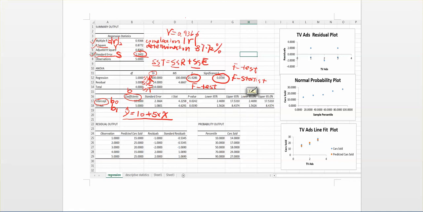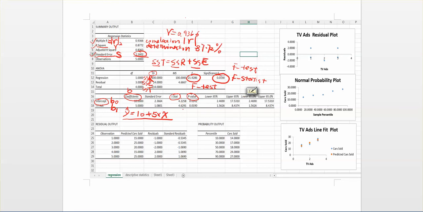The second thing is, if you look at column D, called t Stat, and column E, the p-value, we use the t-stat and the p-value to do the t-test to test the significance of our slope.